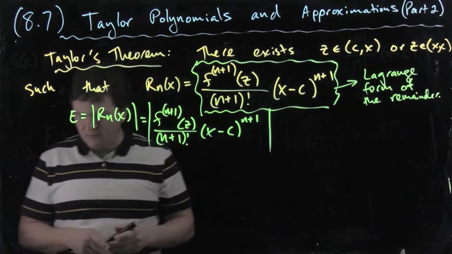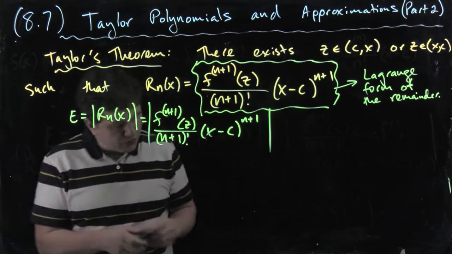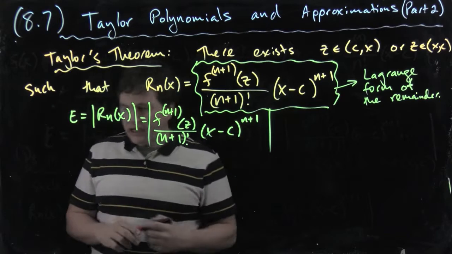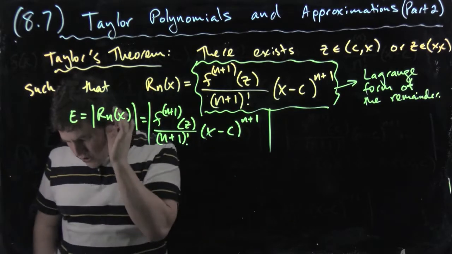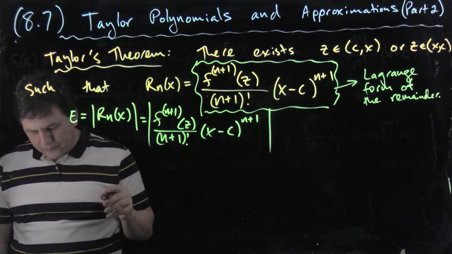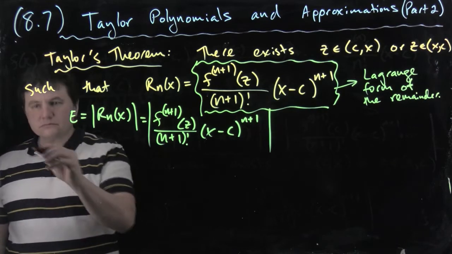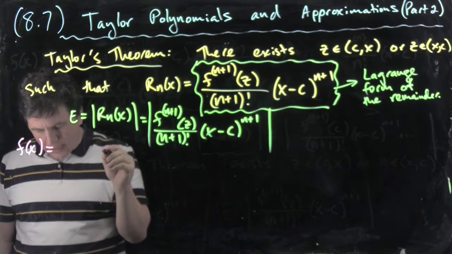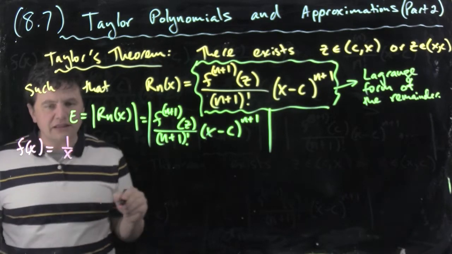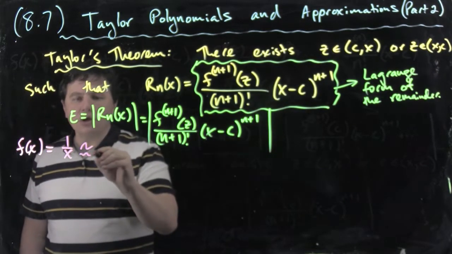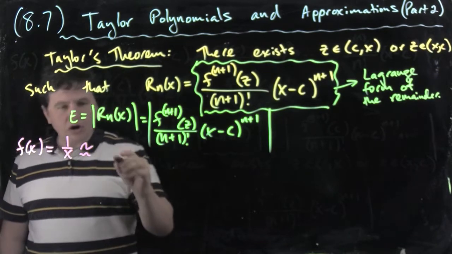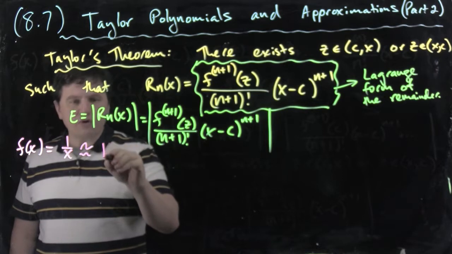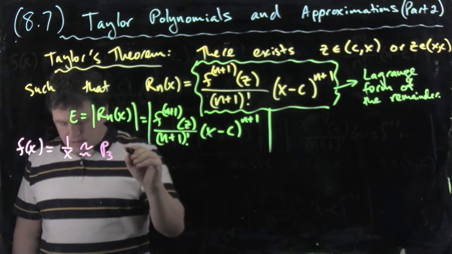All right, so let's start off by doing a polynomial. So let's say we do a polynomial f of x equals 1 over x. And let's say we're going to approximate that using a third degree polynomial centered at 1.